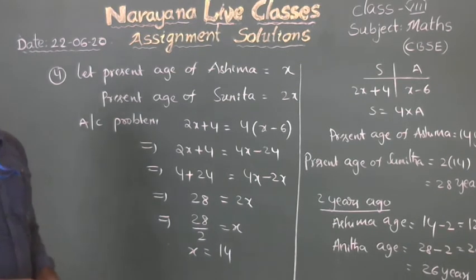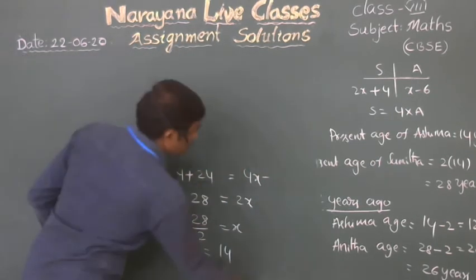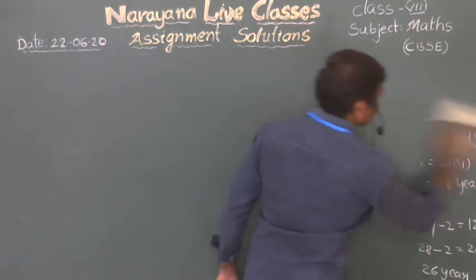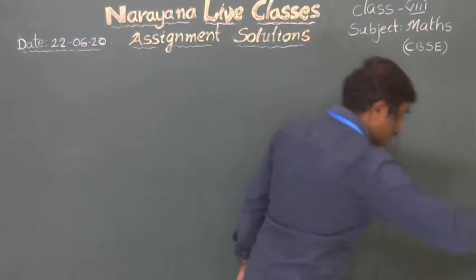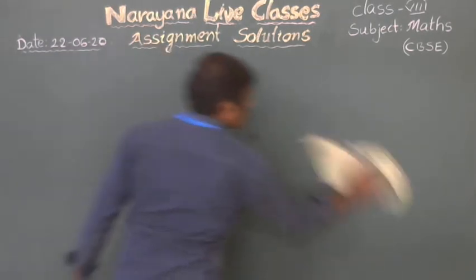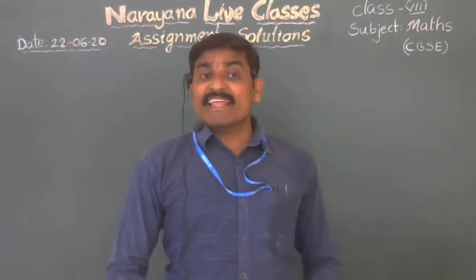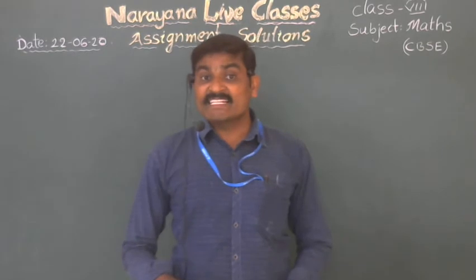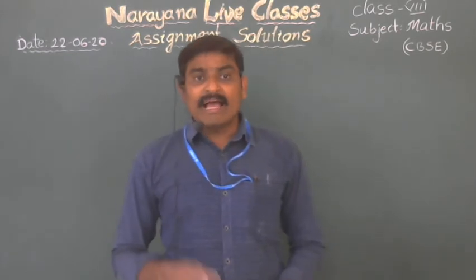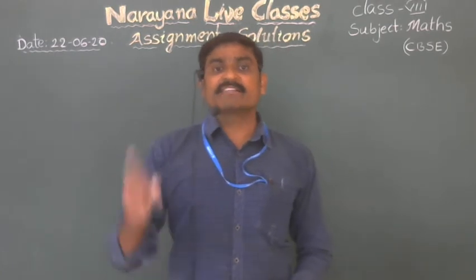Now let me explain the last one. Okay, the last question is, a laborer is engaged for 20 days on the condition that he will receive 60 rupees for each day he works and he will be fined 5 rupees for each day if he is absent.